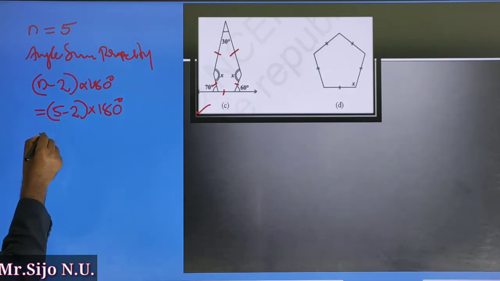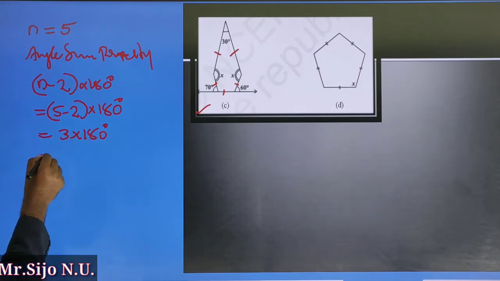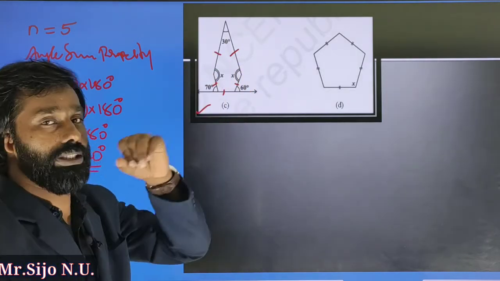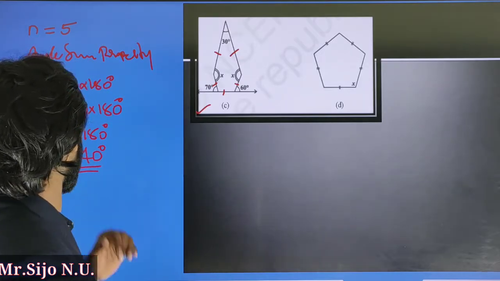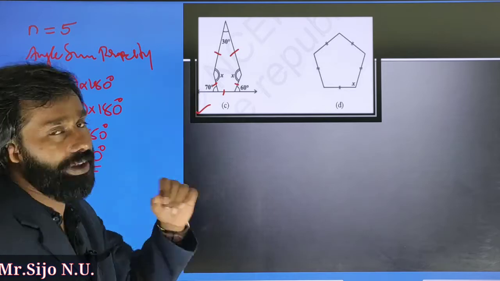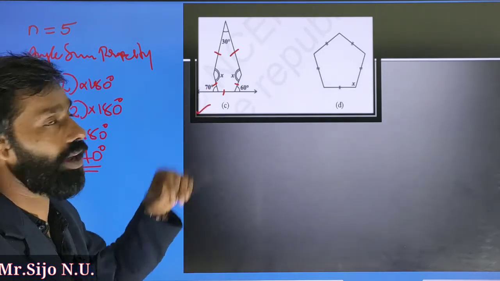So it should be 3 into 180. That is 540. Well, so its angles, when we add all together, should be 540 degree. By angle sum property, the sum of all interior angles should be 540. From here we can find out the value of x.